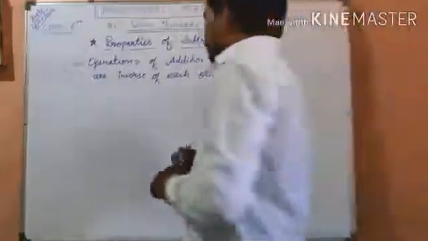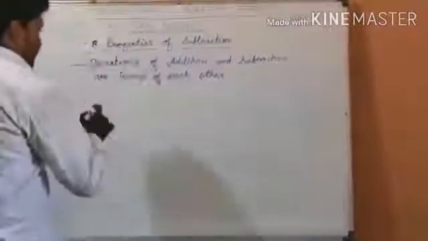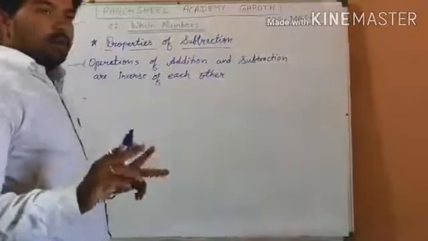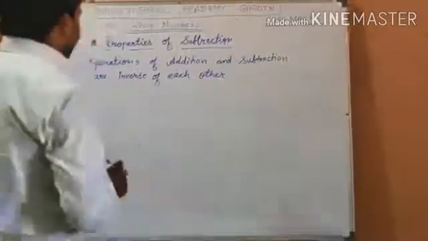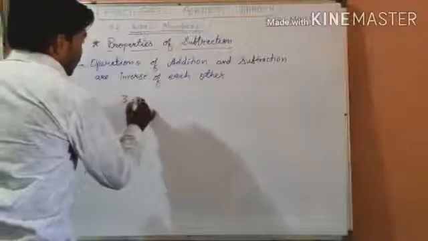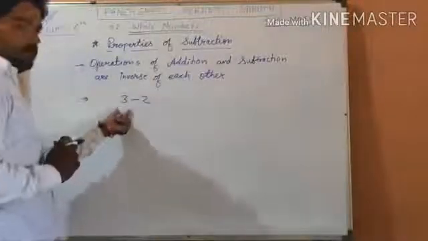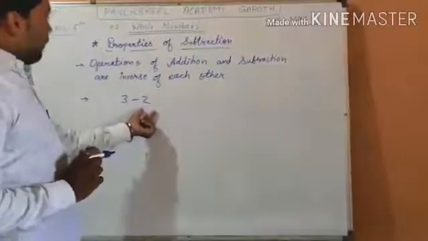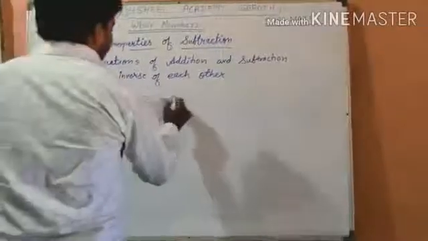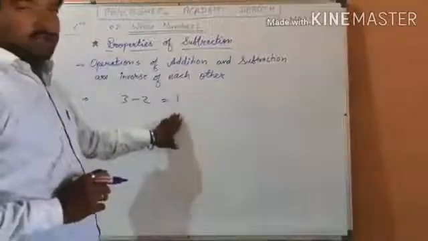In the closure property we know that the addition of any two whole numbers is also a whole number. So let's see in subtraction: if I subtract 3 minus 2, where 3 and 2 are whole numbers, then the result is also a whole number.